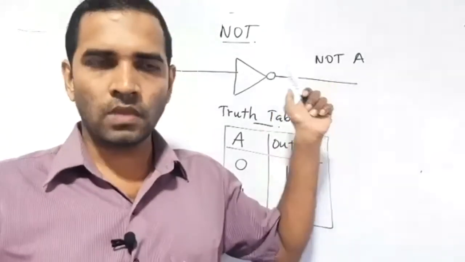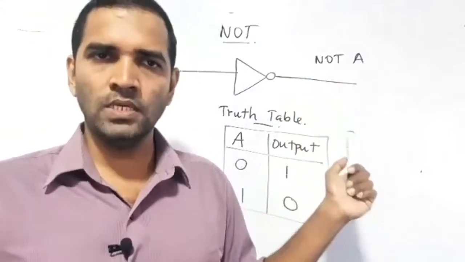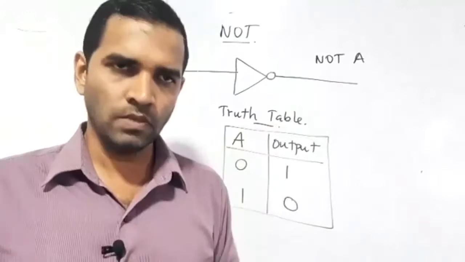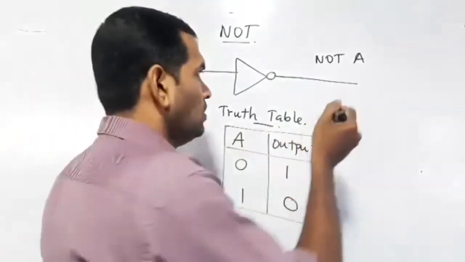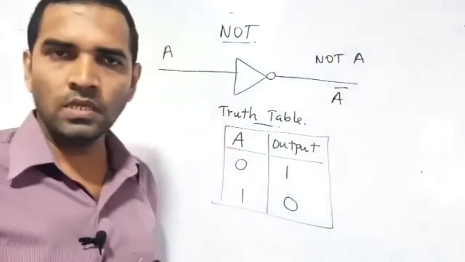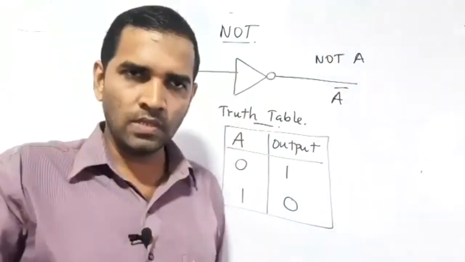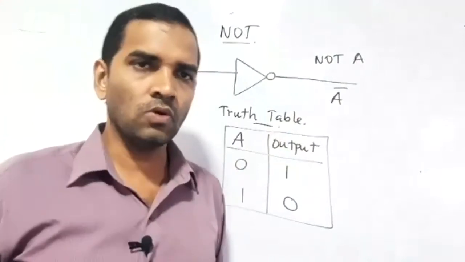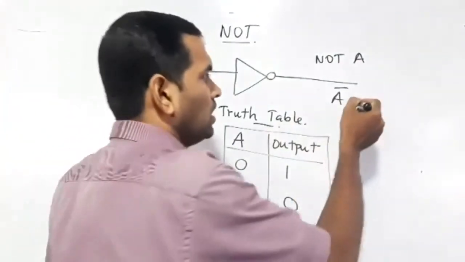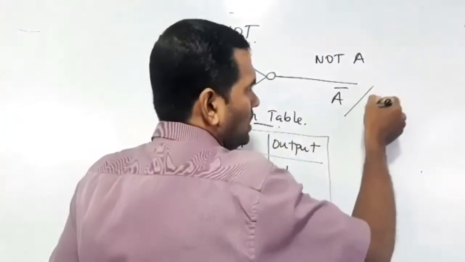But we often avoid this method and we show the gate name by a symbol, right? So this is the symbol, A bar. The top line is called bar, B-A-R. A bar. Or you can write this as A dash.